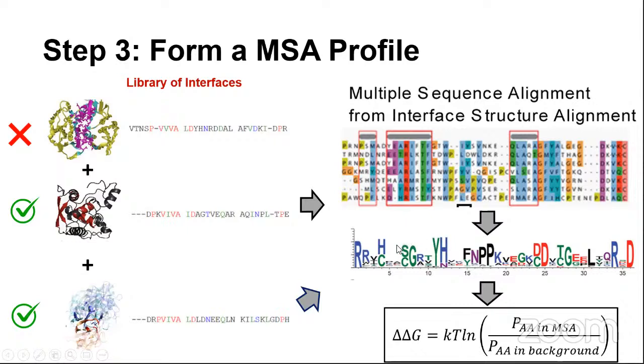From that sequence alignment, we get the frequency of how often the amino acid appears at the position of the mutation, and then we can get a free energy simply from the frequency that shows up in this sequence alignment derived from the structural alignment versus the background frequency of how often that amino acid appears. This is a very simple equation, although there are a lot of subtleties that I'll get into later.